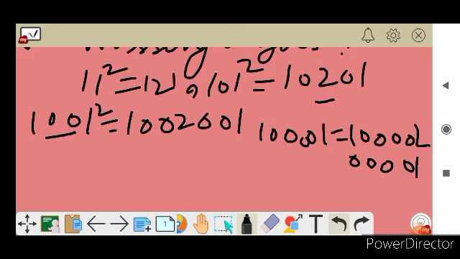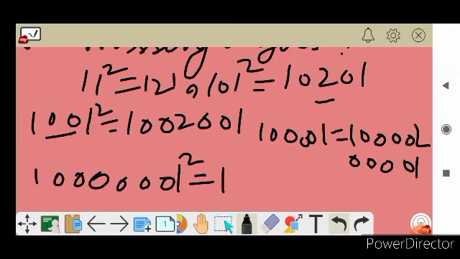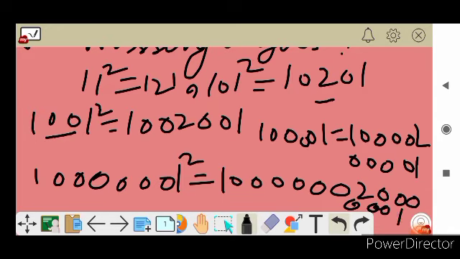Okay, so the next blank is 1 square equals 1 and 6 zeros, then 2, and after that 6 zeros and 1. Okay, so in this way we can solve this question, and question number 5 is also like that.